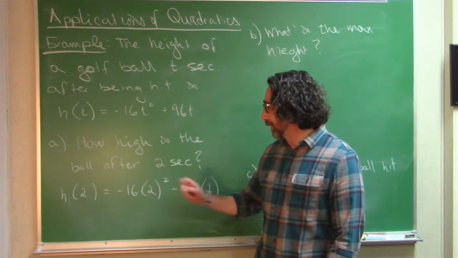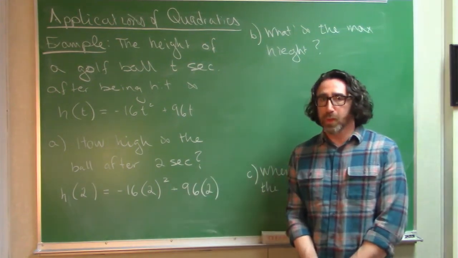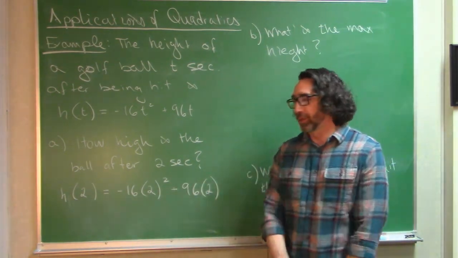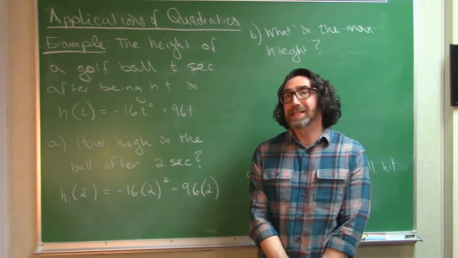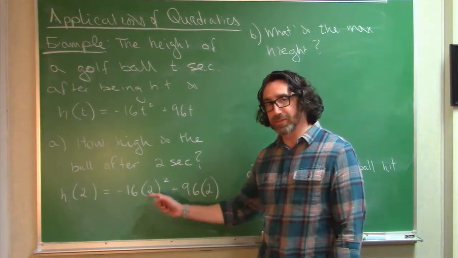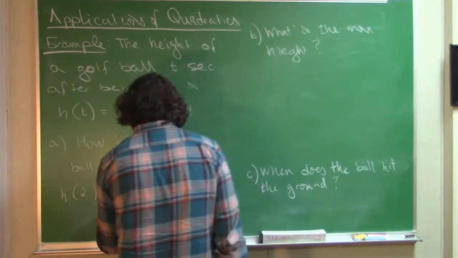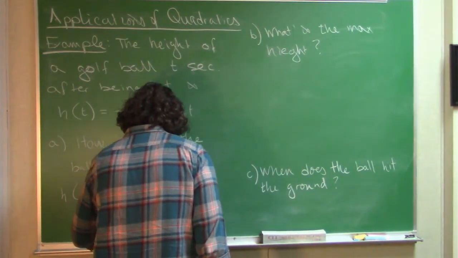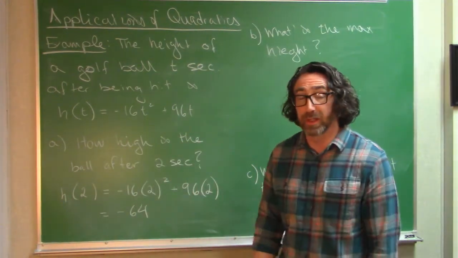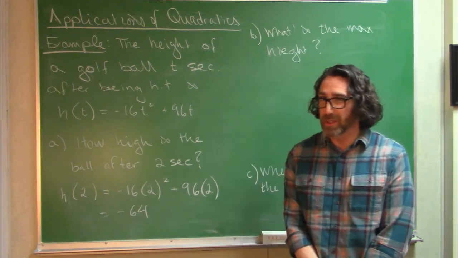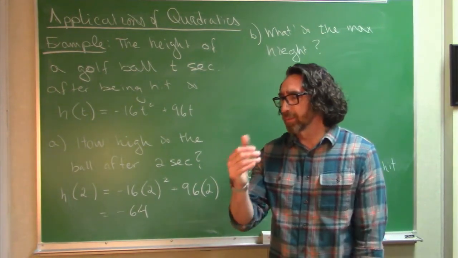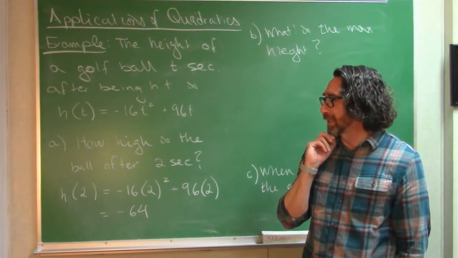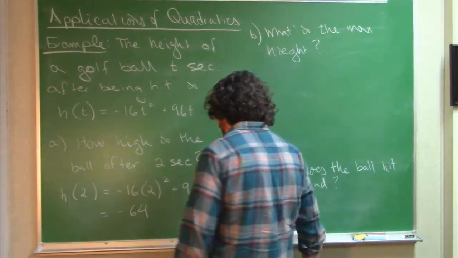Okay, so 2 squared is 4. 16 times 4 is 64. So that's negative 64 right there. Okay, 96 times 2. Well, 100 times 2 is 200, but I have to back it away 8, so I think it's 198.